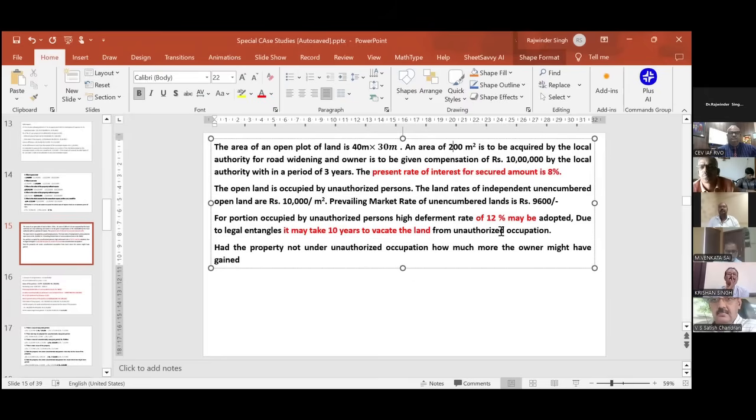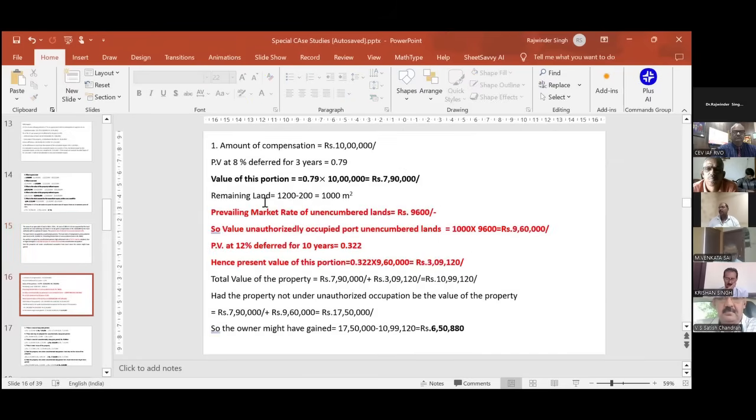So now we need to find the value of the remaining 1,000 square meter, which is under unauthorized occupation. So for the value of this portion, we have calculated that the remaining land is 1,000 square meter.